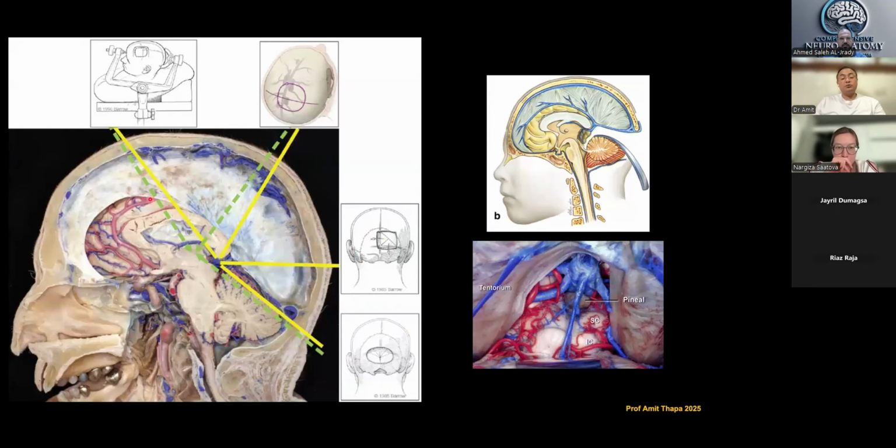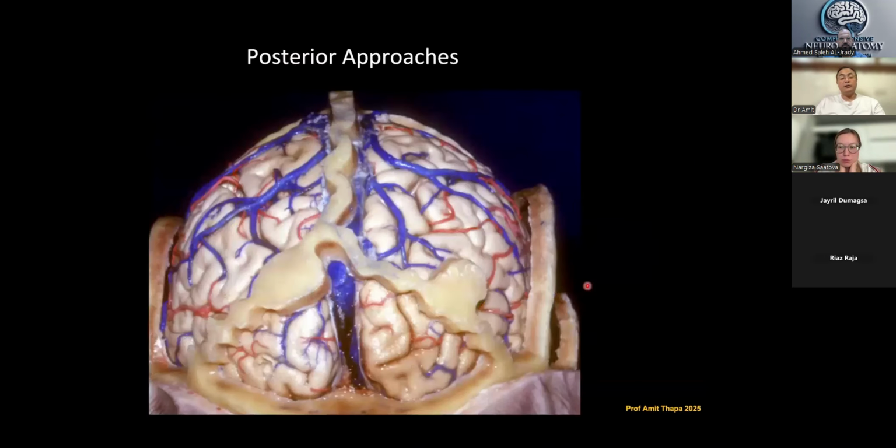So this is a pictogram to show how we can attack the posterior part of the midbrain through the trans-occipital approaches, trans-tentorial approaches, as well as infratentorial supracerebellar approaches. So this is a picture to show how it looks when we are coming down from underneath the tent. So one anatomical fact one should be aware of is that between the bregma and the lambdoid and the external occipital protuberance, the last 5 centimeters do not have any bridging veins.